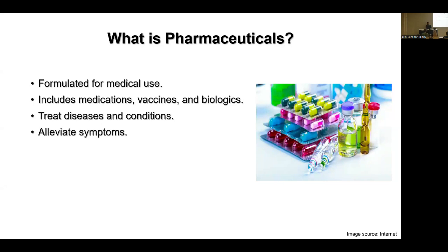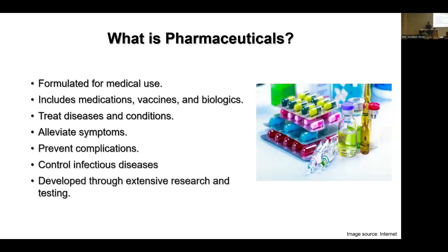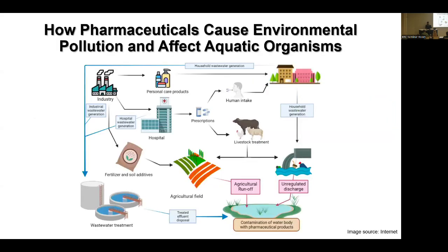Pharmaceuticals include medications, vaccines, and biologics. They are normally used for the control of infectious disease, and they are manufactured through extensive research and testing.